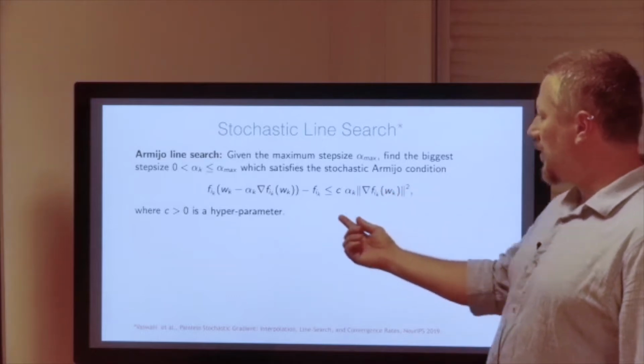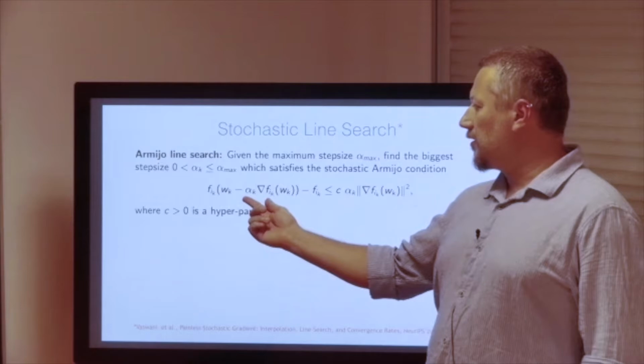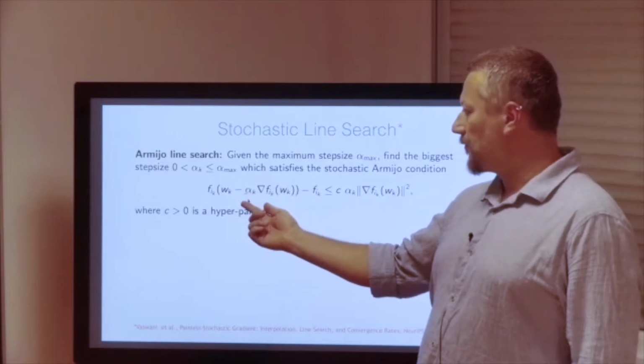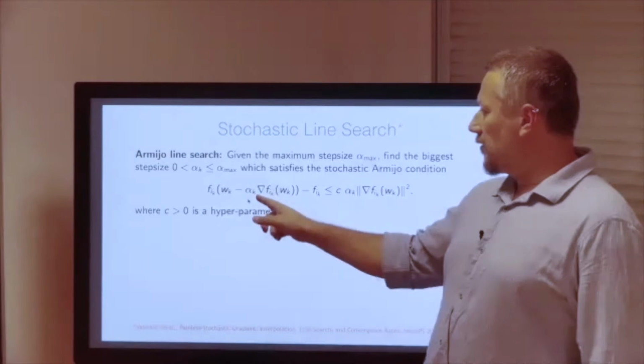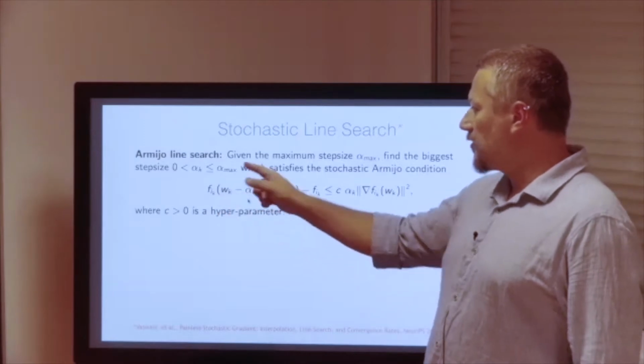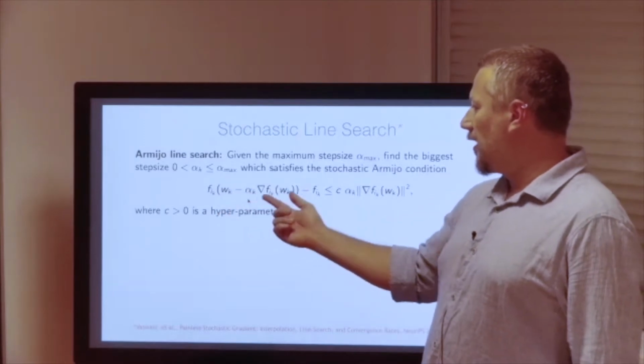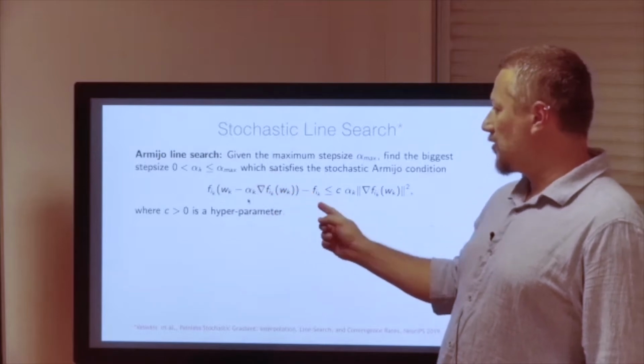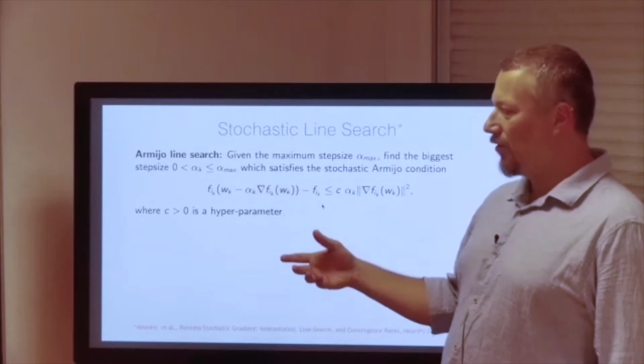Basically, you take a stochastic gradient descent step, and then calculate the function at that point, and you want the value at the new point to be smaller than the value at the old point.